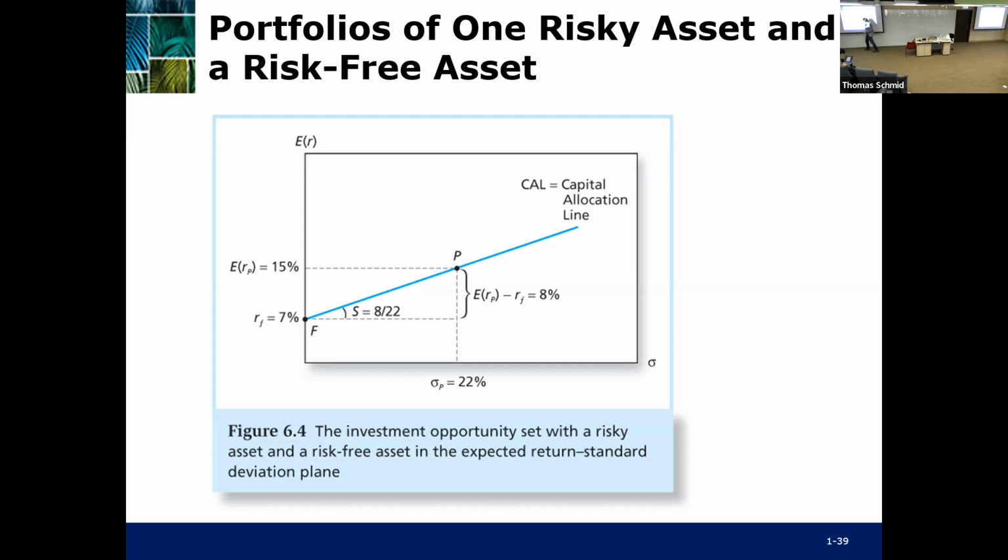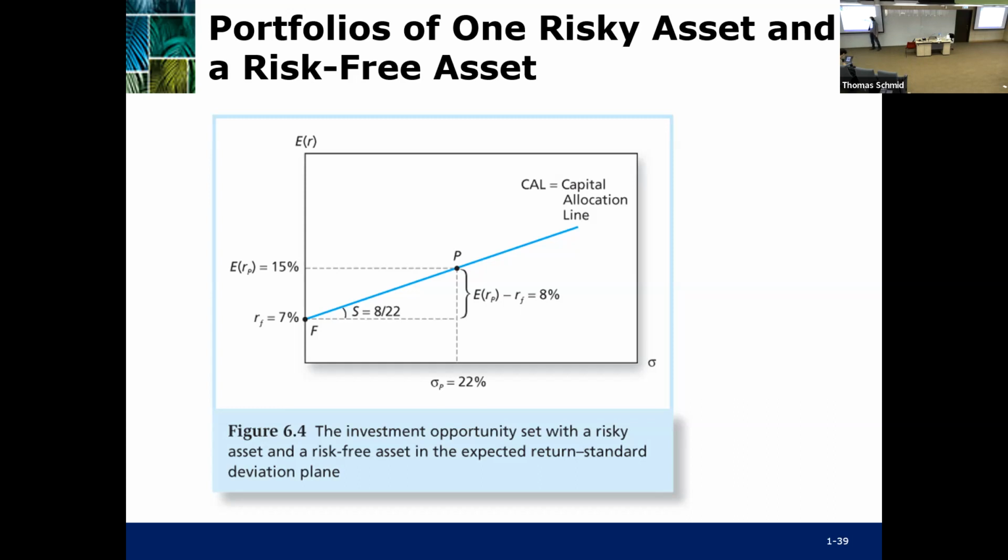So this capital allocation line now shows us in this world possible risk-return combinations. Okay? And some point on this line will be ideal, will be optimal for our investment. Which point we cannot yet say, but we are pretty close to that. So last question for today. At point P, we invest everything in P, in the risky portfolio or risky asset. How can we then realize points to the right of P?